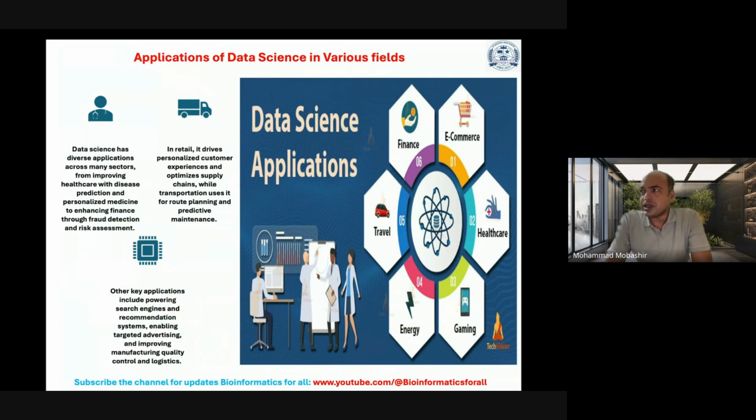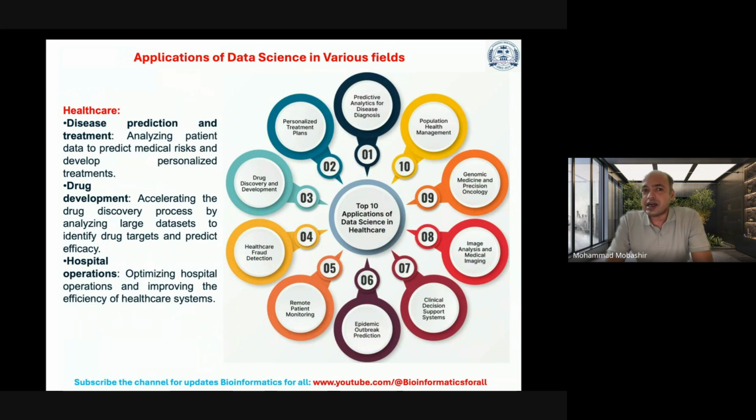Healthcare, including pharmaceutical companies, gaming, energy, travel, finances, and e-commerce. Now, today I will be covering mostly the data science application in the health sector.